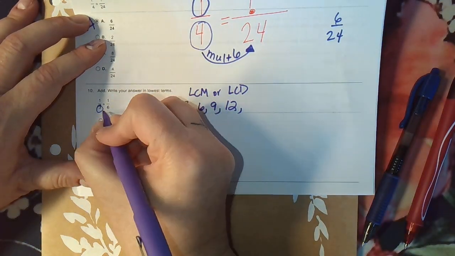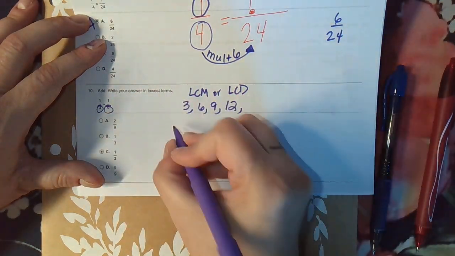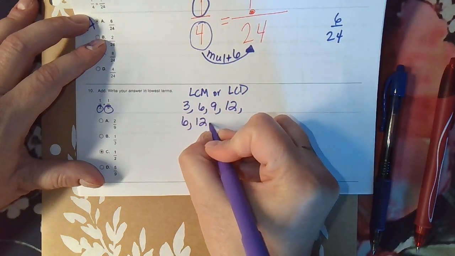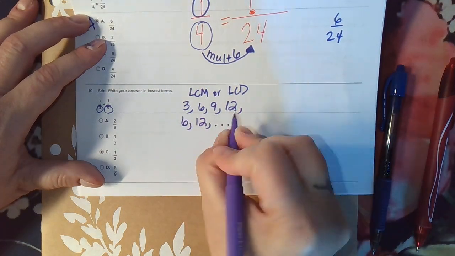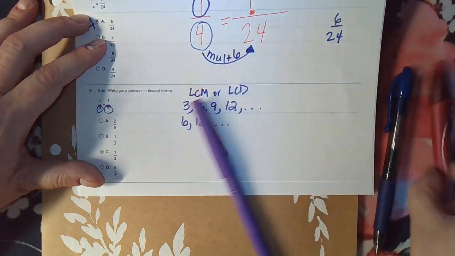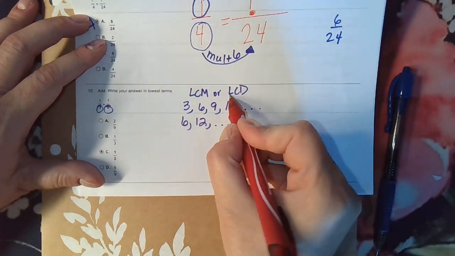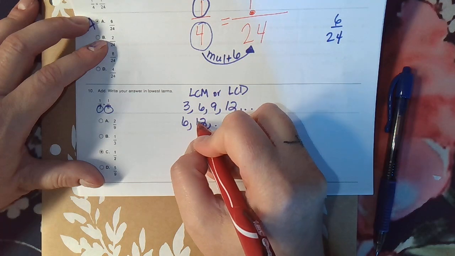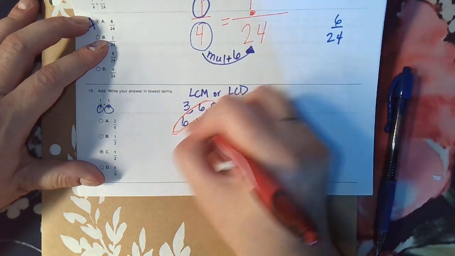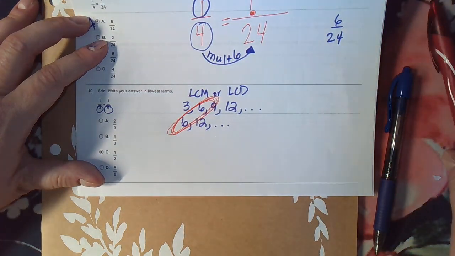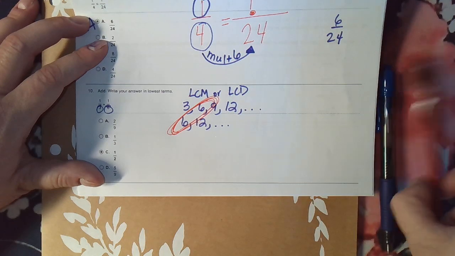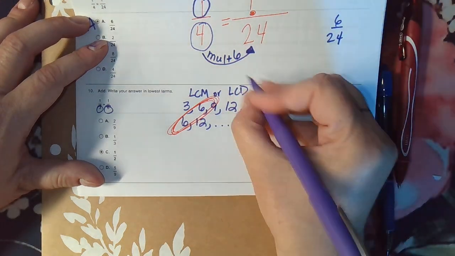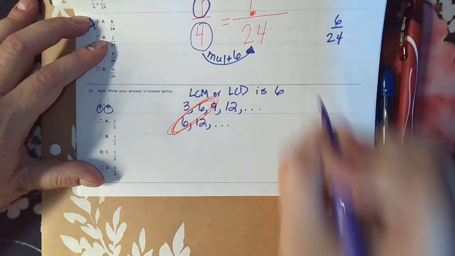Now let me look at this other denominator, I see a 6, and come up with some multiplication facts of that. Now what's the lowest in common? Well, I know 12s are in common, but even lower than that are these 6s. So my LCM or my LCD, either way, is 6.